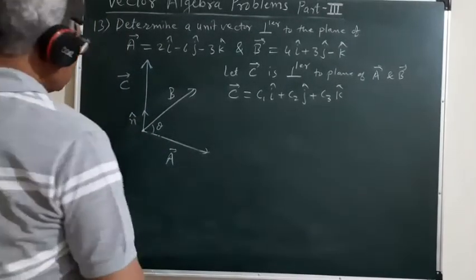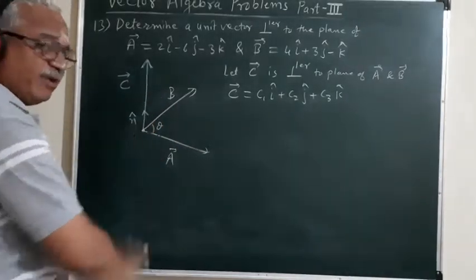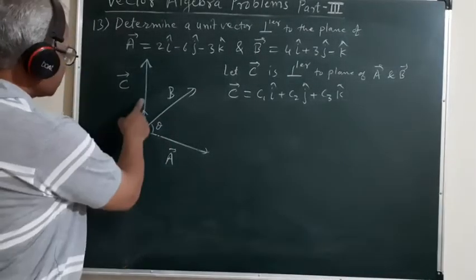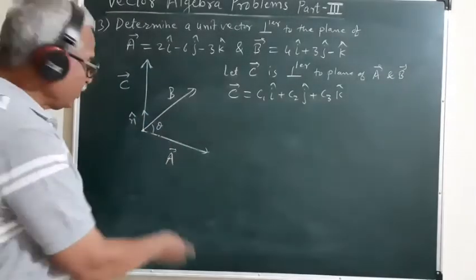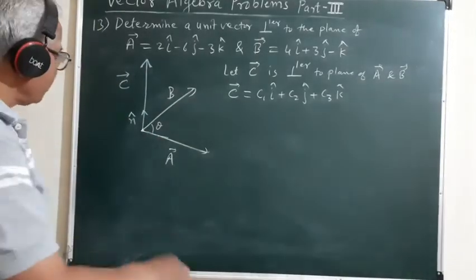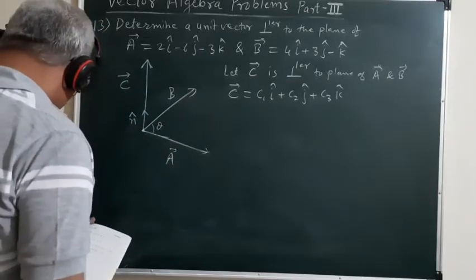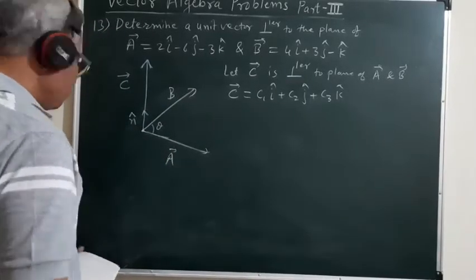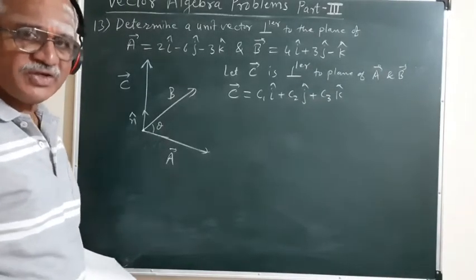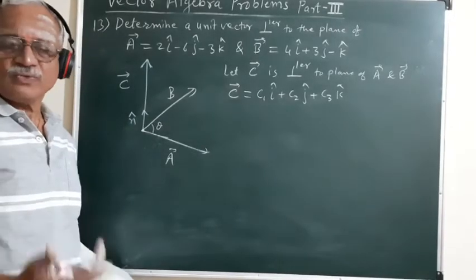Now, since this vector C bar is perpendicular to the plane of A bar and B bar, it means that C bar is perpendicular to the vector A bar as well as to the vector B bar. And as we know, if two given vectors are mutually perpendicular to each other, then their dot product works out to be equal to 0.